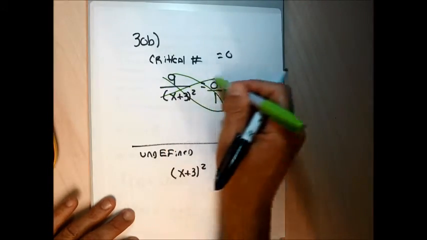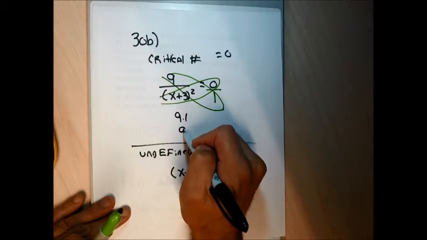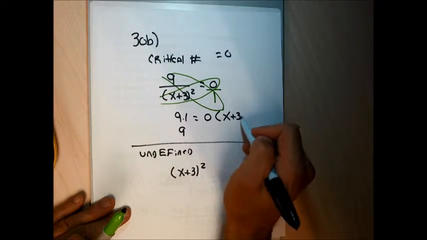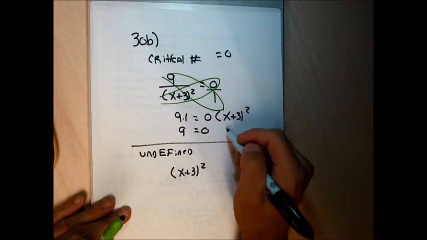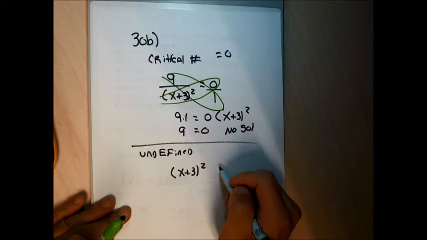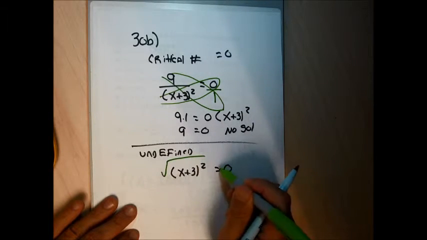I'll cross multiply to do this. When I cross multiply down, I get 9 times 1, which is 9. When I cross multiply up, I get 0 times x plus 3 quantity squared, which is 0. The x's drop out, so there's no solution for this. When you set the x plus 3 squared, or the denominator, equal to 0, I'm going to square root both sides.